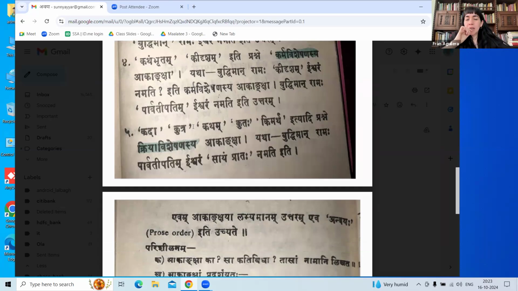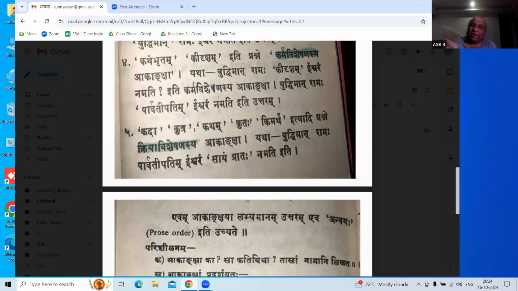Any question? Yes. Is the question always asked as katam bhutam, kidrisham, or do we change the linga? No, you have to change the linga. I'll give you homework for that. I was confused because it was katam bhutaha, katam bhuta, and katam bhutam.